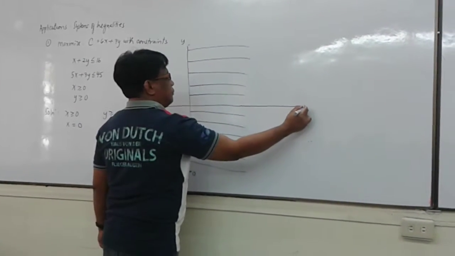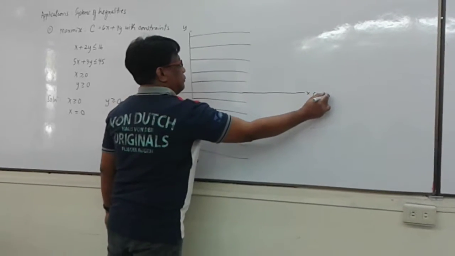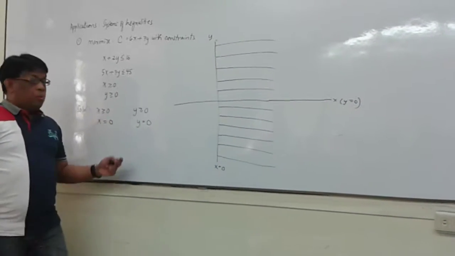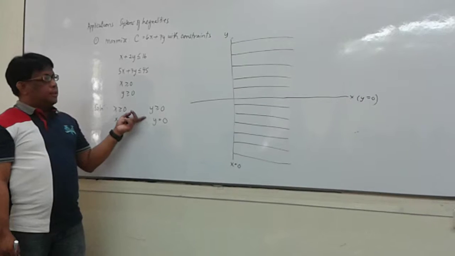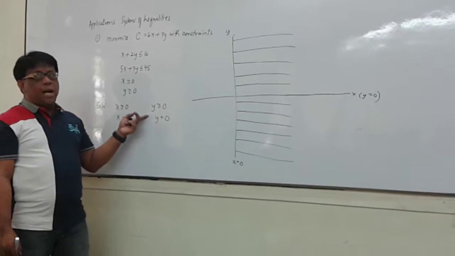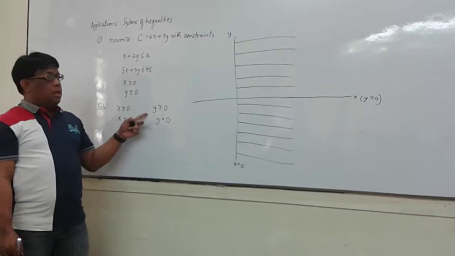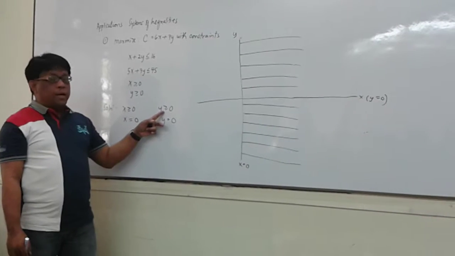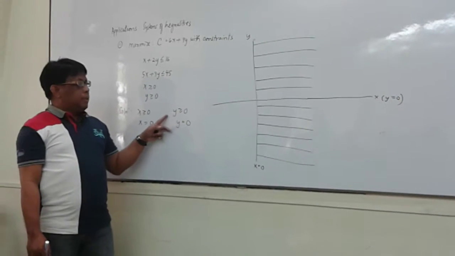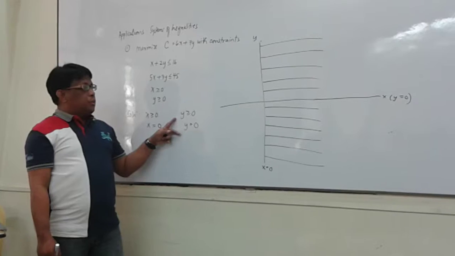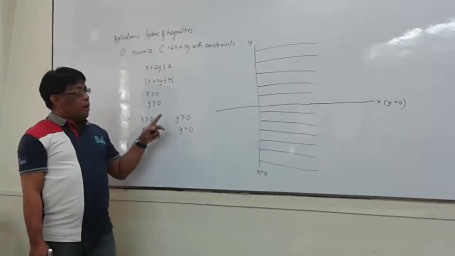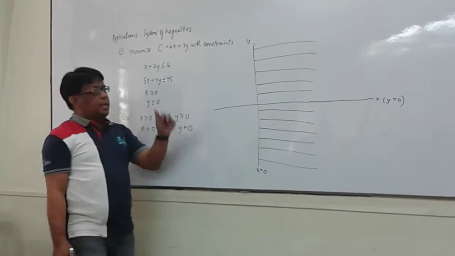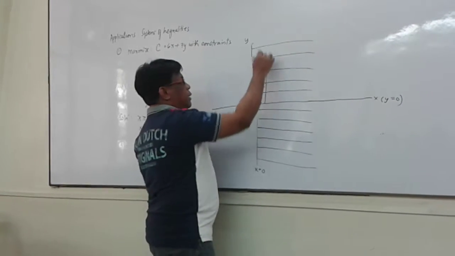And what is now the solution set to the inequality y greater than or equal to 0? Because of the greater than sign, the region will be the region above the x-axis. So it will be above the x-axis.